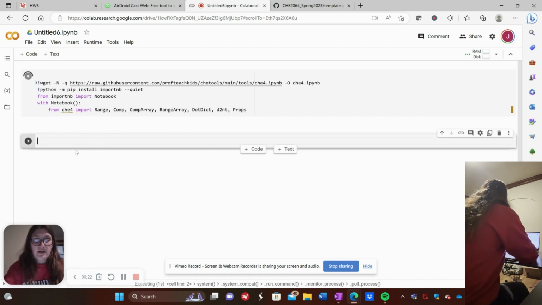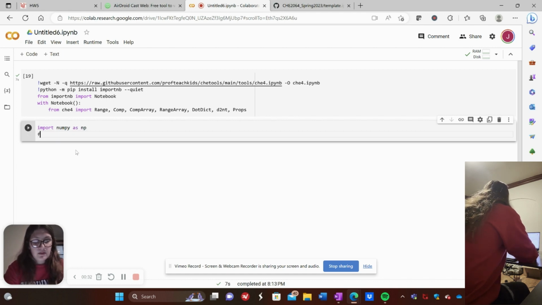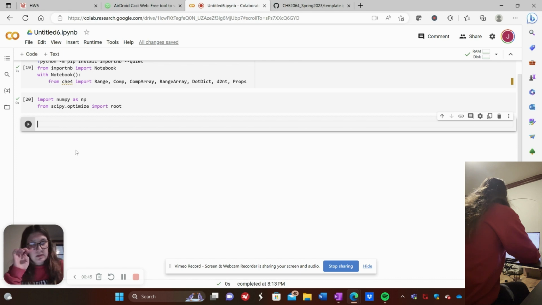Then we need to import our library, so import numpy as np, and then from scipy.optimize import root. And now we just have to input all of our givens.